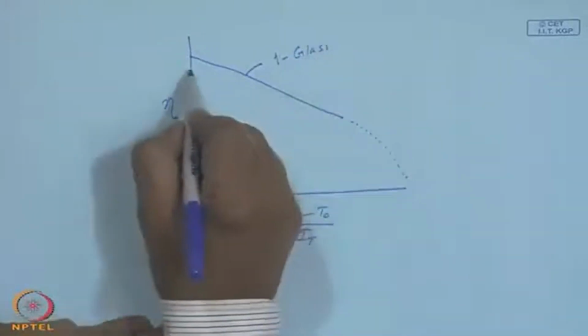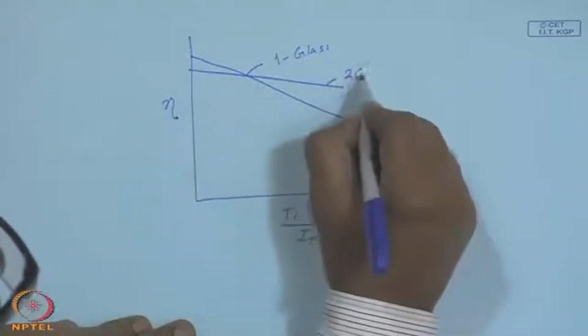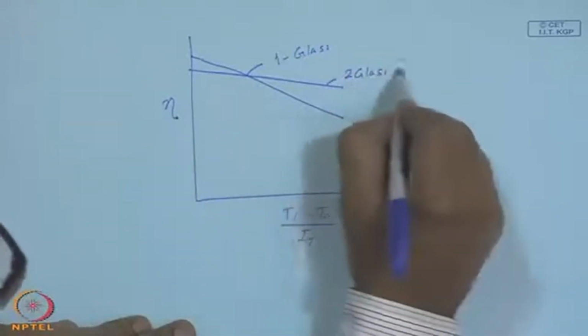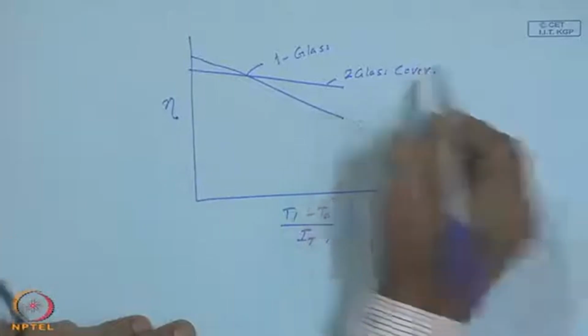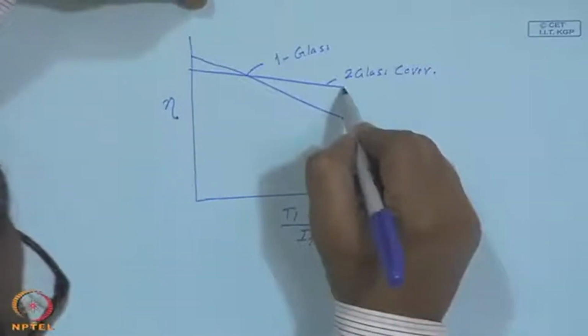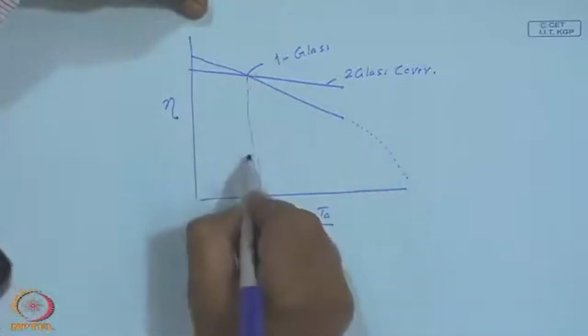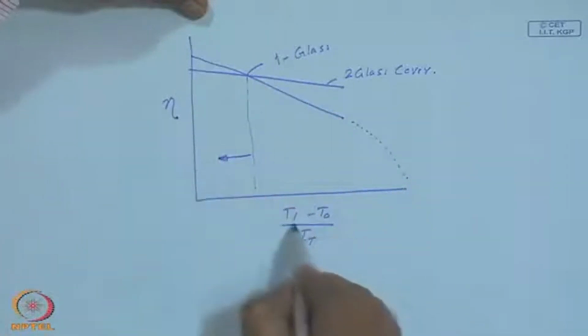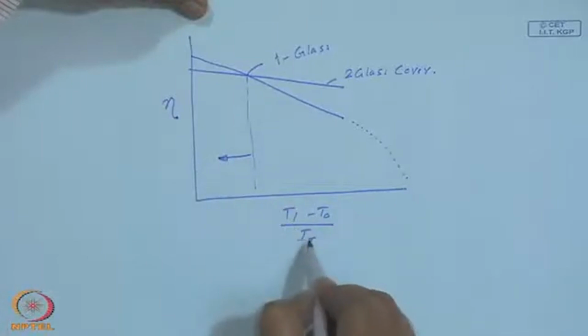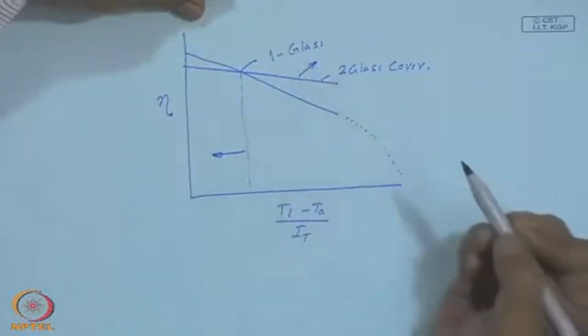we may have something like this for two glass. Note that the 2 glass cover efficiency is a bit lower at low values of this delta T upon I_T, and it is higher for higher values.